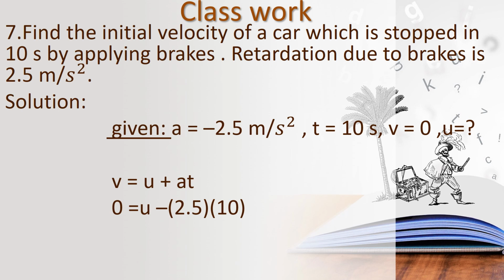Minus 2.5 into 10, what will you get? 25.0. So 0 equal to u minus 25. We are going to find the value for u, so you should change the terms. So u equal to 25 meter per second.